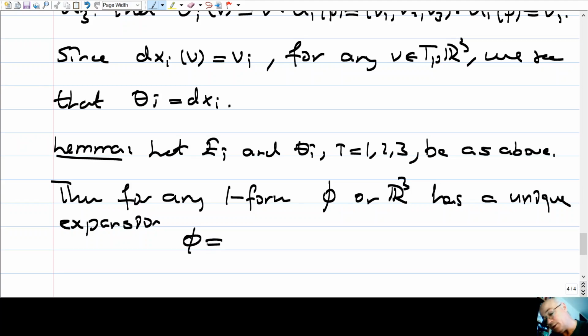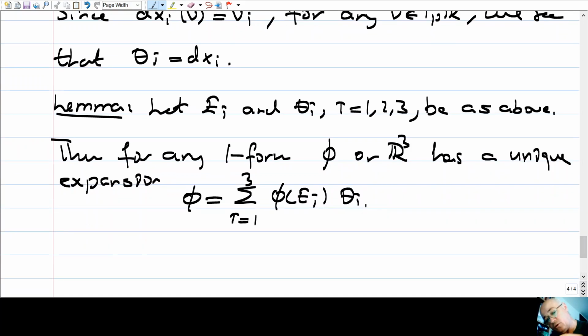So I can write this one form as a combination of theta i's, and here are the coefficient functions.